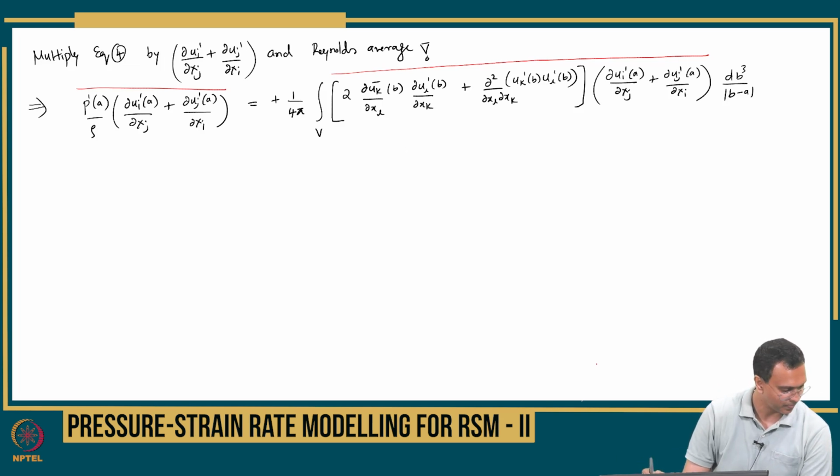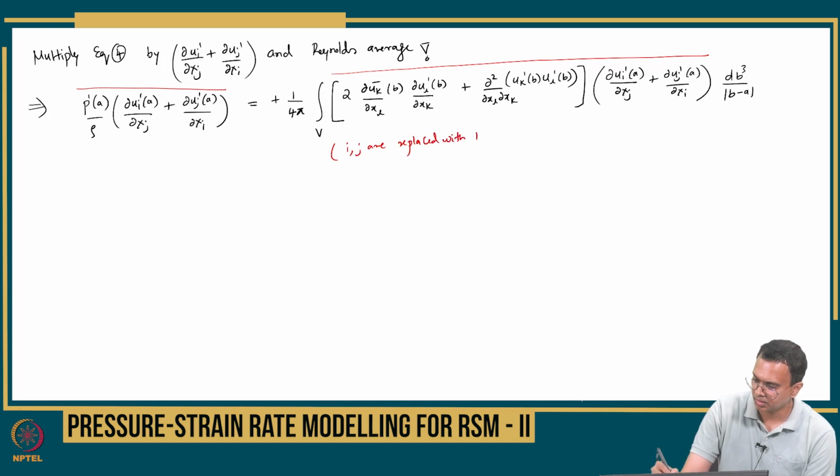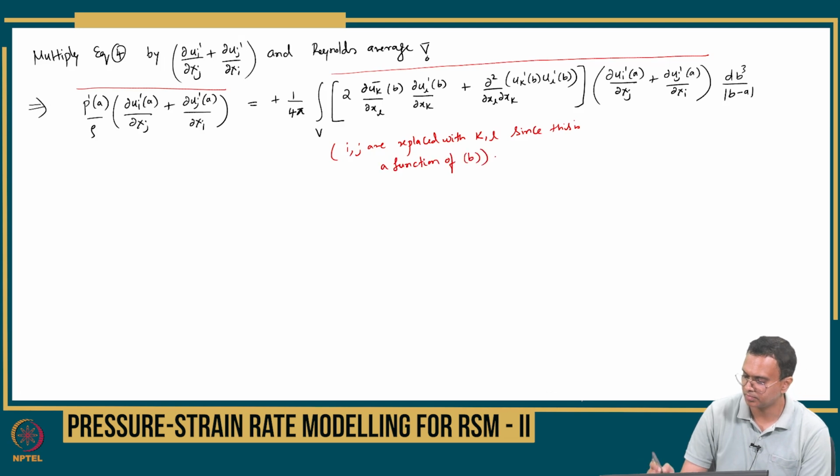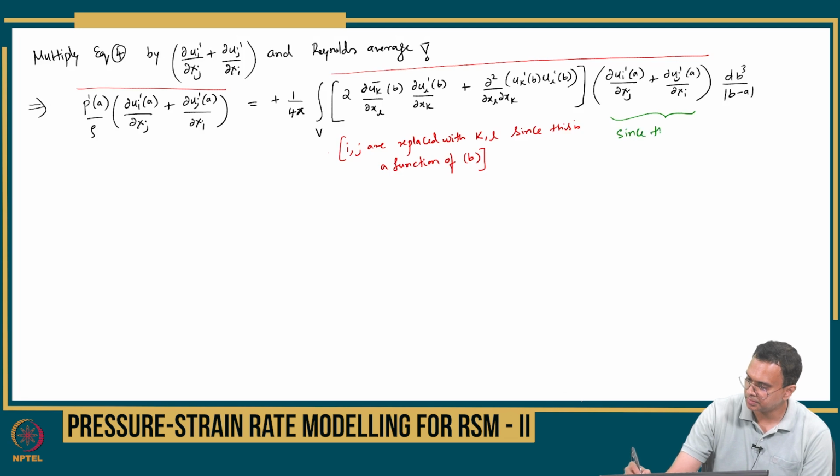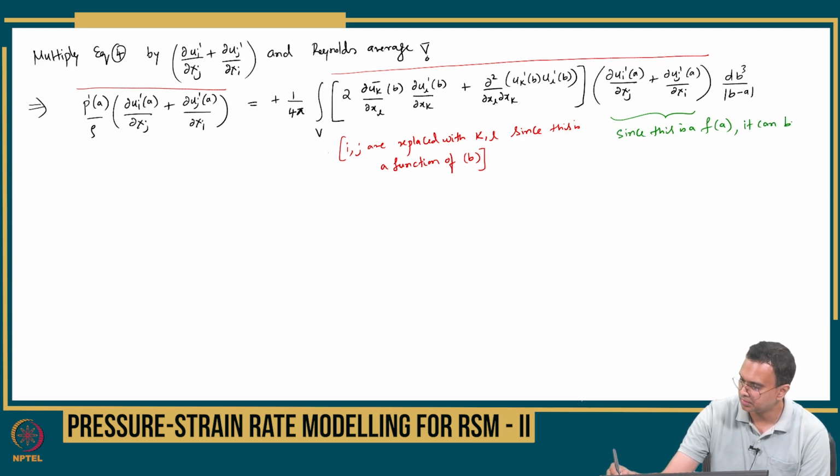So you can take note here: i and j are replaced with k and l, since this is a function of B, and here, since this is a function of A, it can be moved inside the integral.